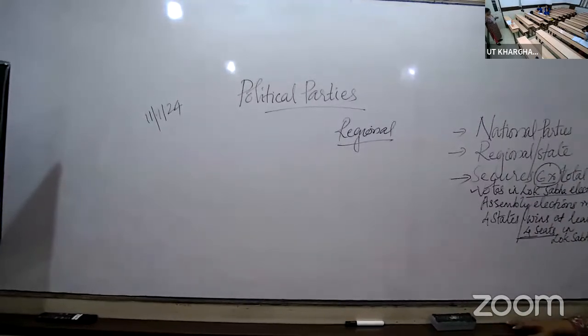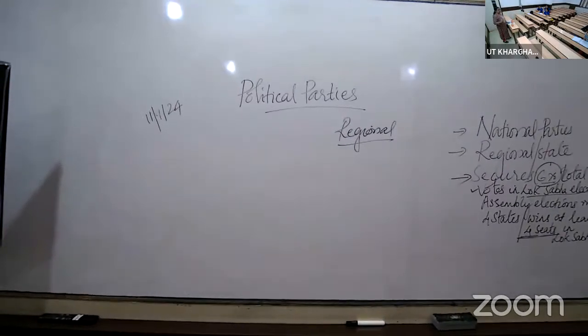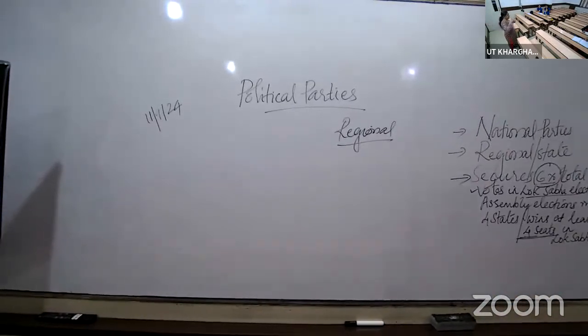Now, let us study some of the national parties. Just come here, regional and state. Because in the latest book, some parties' names are there. I think I have given you one paper.